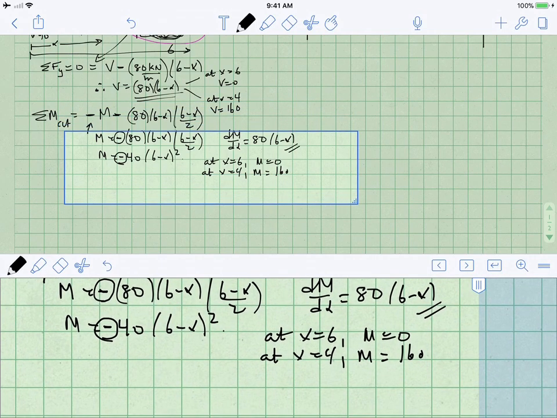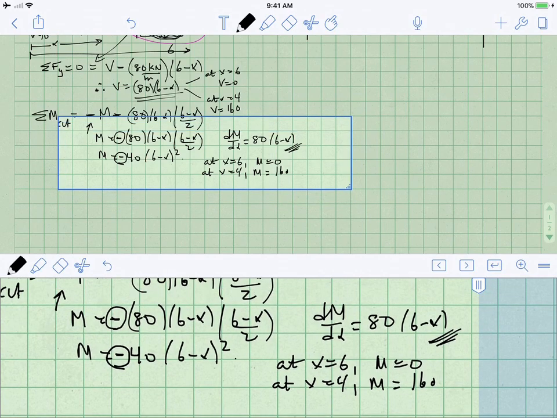And so this is still true. Now I'm looking back over here. At x equals 6, moment is 0. At x equals 4, moment is minus 160.